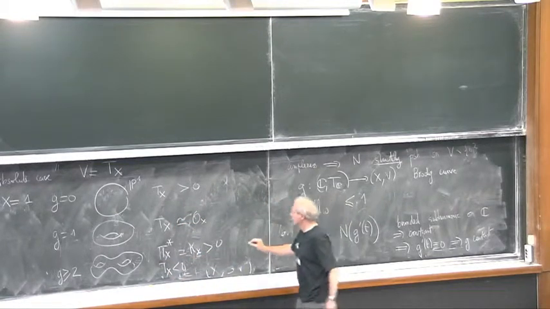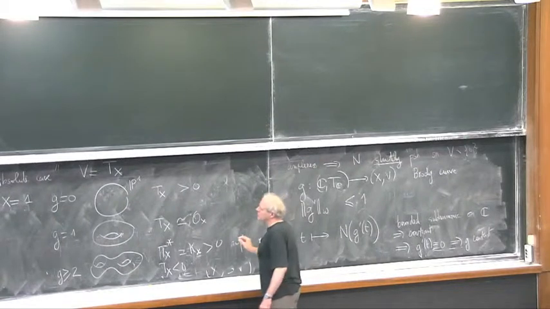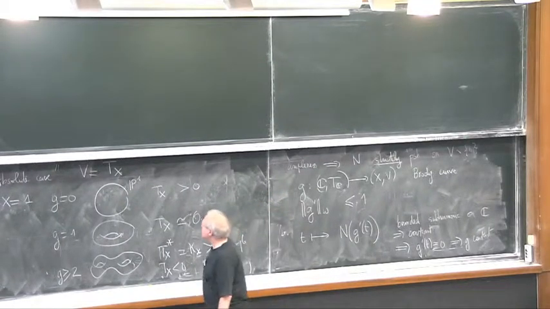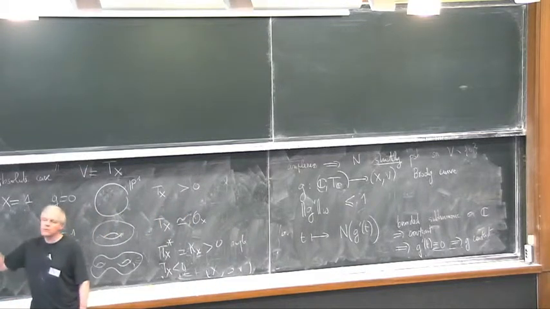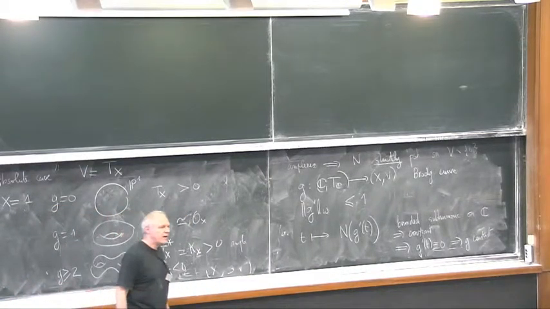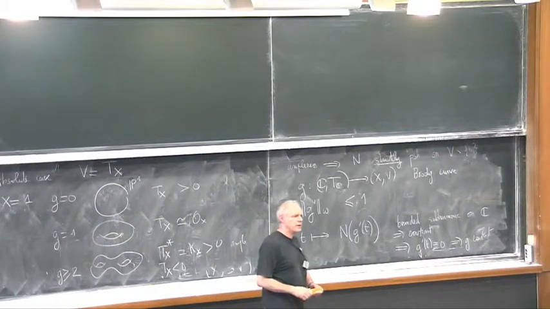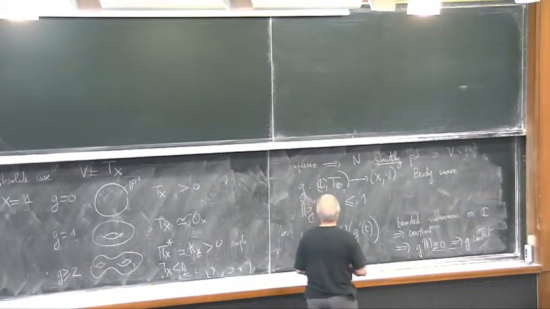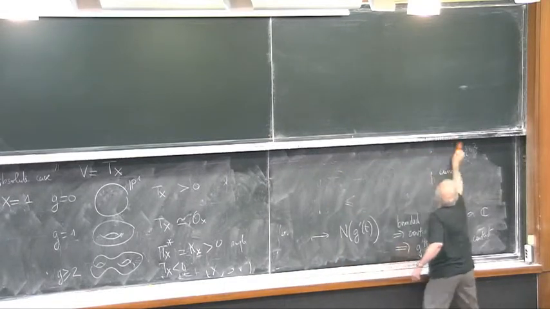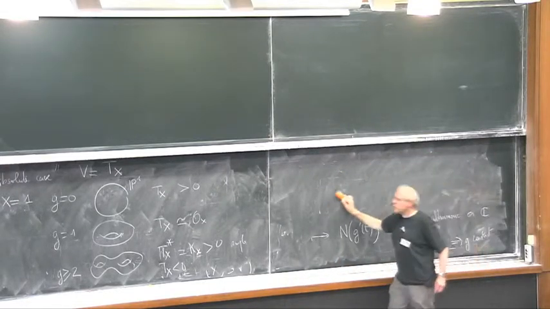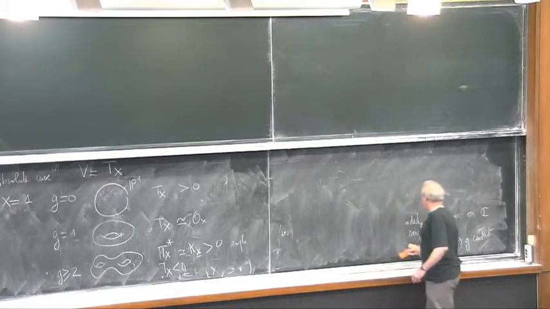So here this is ample. But in higher dimension, actually there are very few varieties which have ample T star X. They still exist, but there are very few ones. And so unfortunately, it gives an answer to the question only for an extremely small class of varieties.